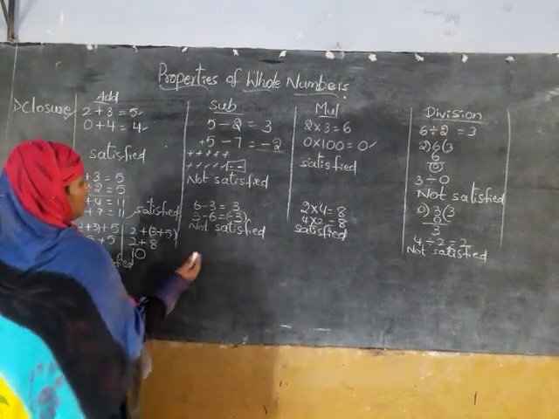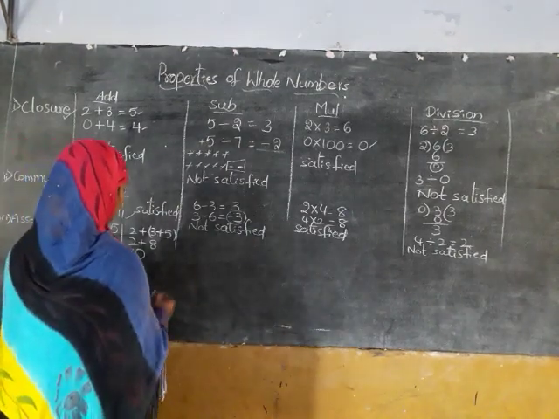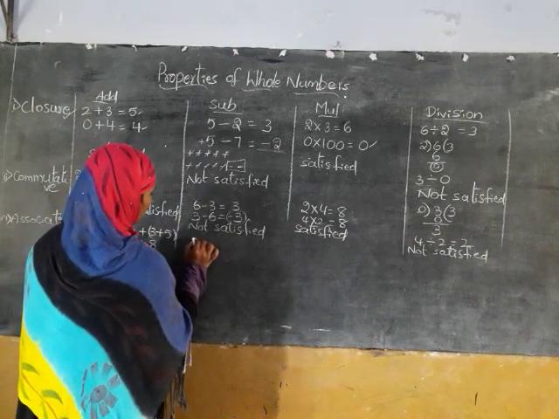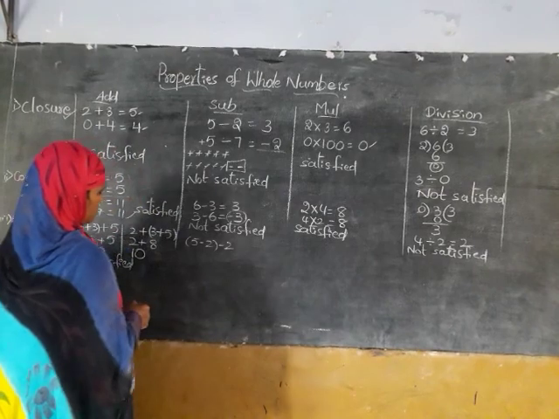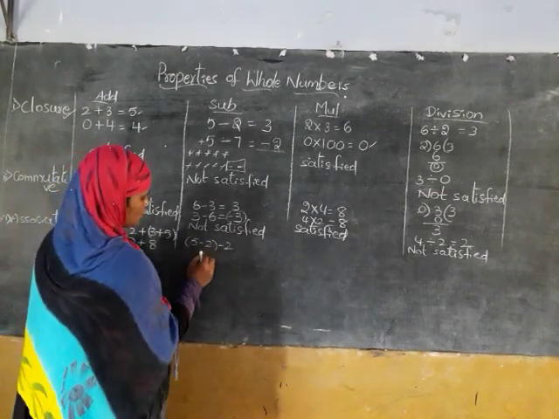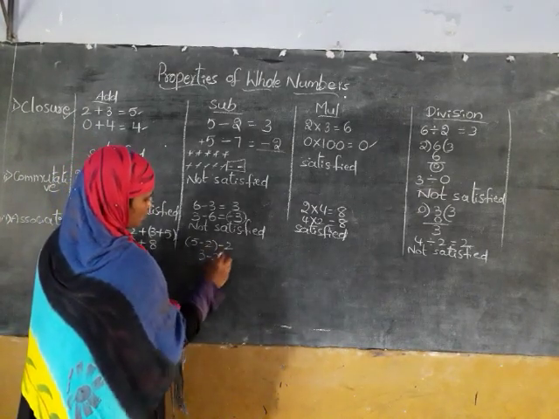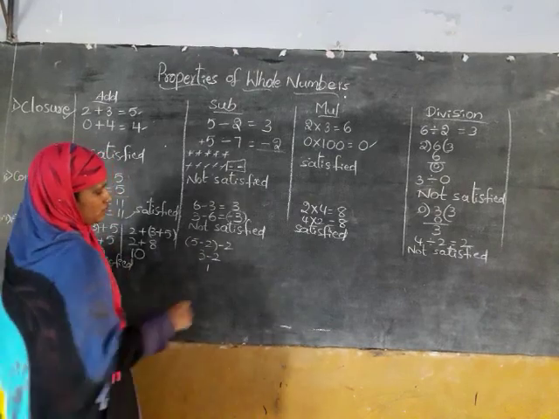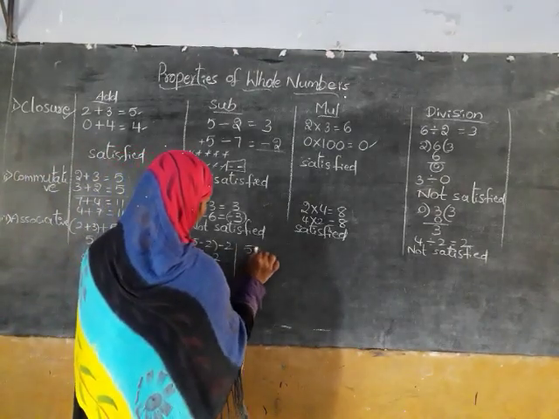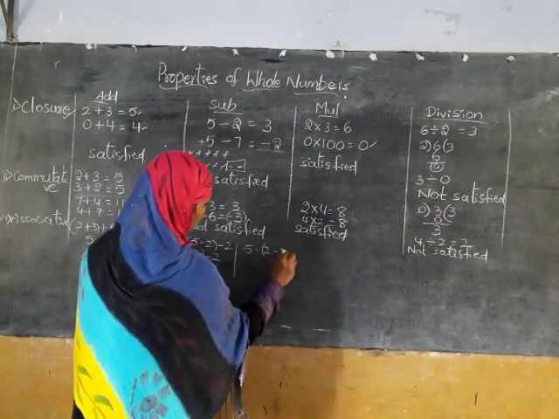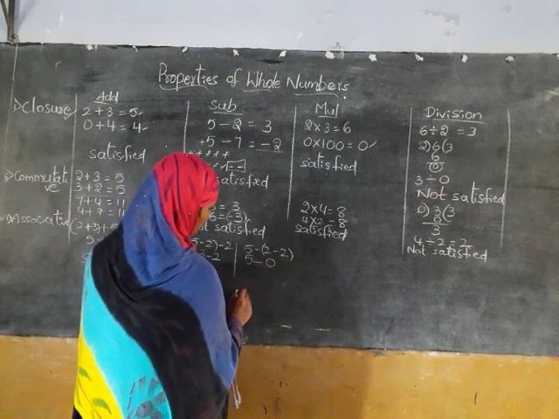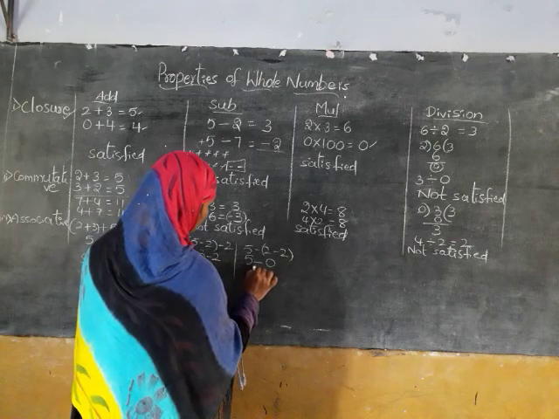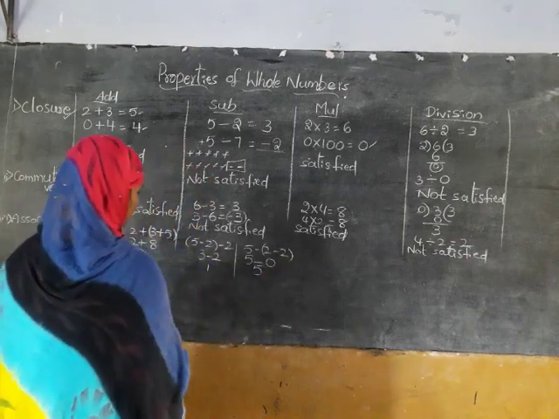Now move to subtraction. See, 5 minus 2 minus 2. So 5 minus 2 equal to 3, minus 2, 1. Now 5 minus 2 minus 2 with the brackets changed: 2 minus 2 is 0, 5 minus 0 is 5.